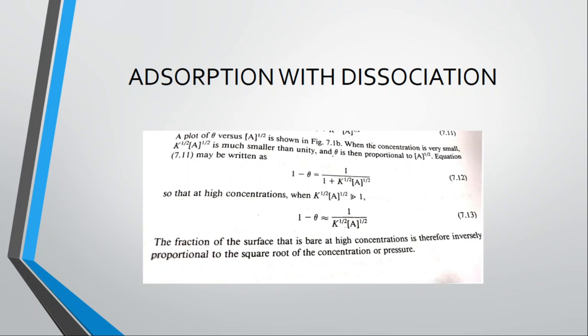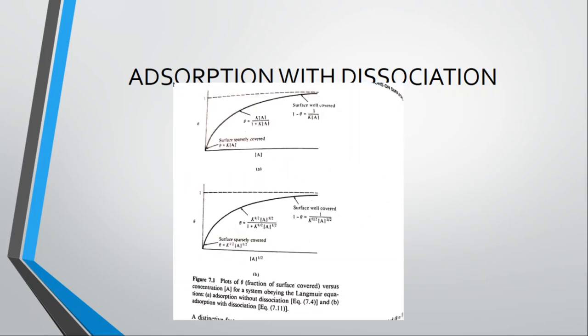At higher concentration, when K to the power of 1 by 2 into concentration of A to the power of 1 by 2 is much greater than 1, then the equation is written as 1 minus theta approximately equal to 1 by K to the power of 1 by 2 into A to the power of 1 by 2. So the fraction of the uncovered surface at higher concentration is inversely proportional to the square root of the concentration or pressure.